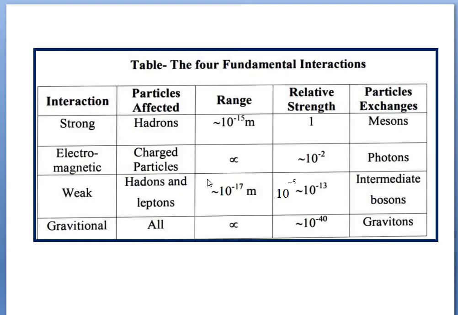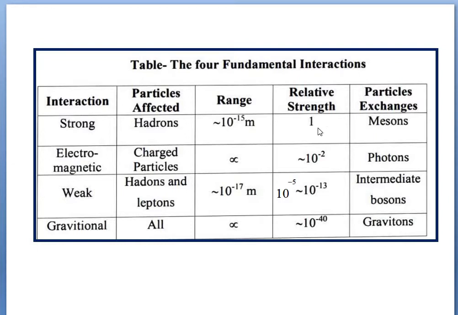This diagram will give you an idea about the relative strength of the forces. Suppose we give a strength of 1 to the strong force, then the electromagnetic force has a strength of 10^-2, the weak force has a strength of 10^-5 to 10^-13, and the gravitational force has a strength of around 10^-40. From this comparison we can understand how the strength varies.